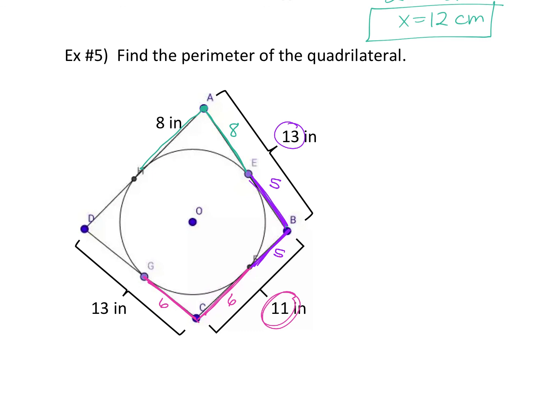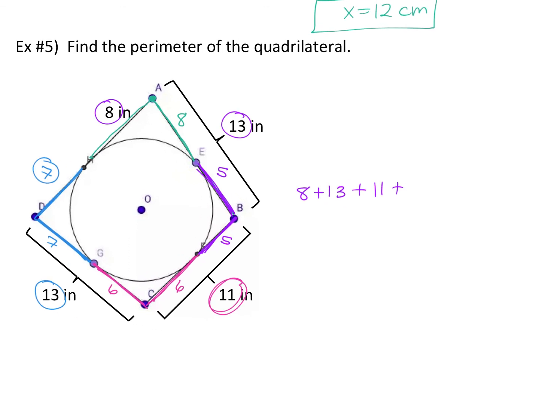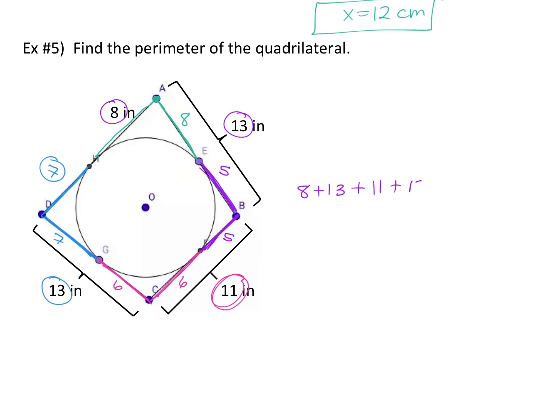So then your last piece here, this is going to be what? 7 to add up to a total of 13. So this one is 7, okay? So your perimeter is 8 plus 13 plus 11 plus 13, not drawn to scale, that's okay, plus 7.